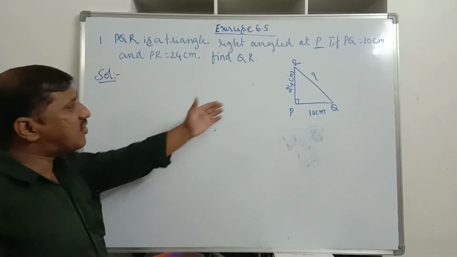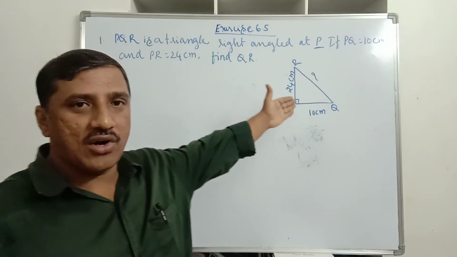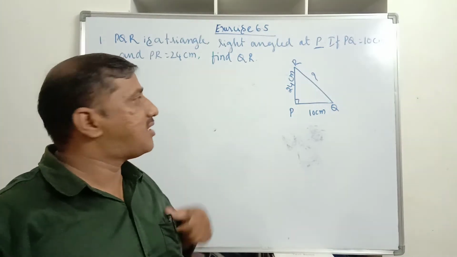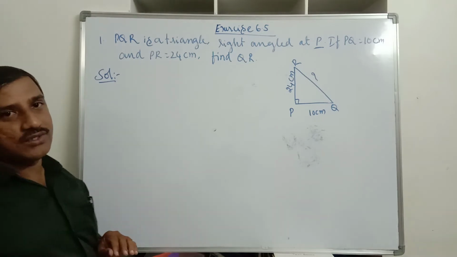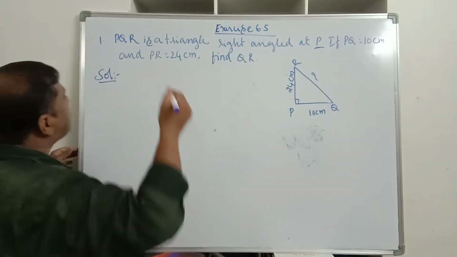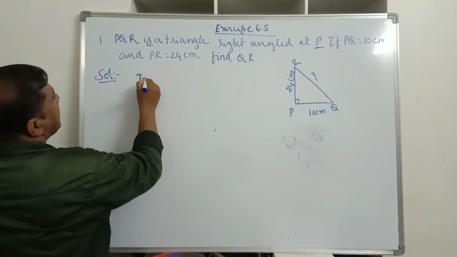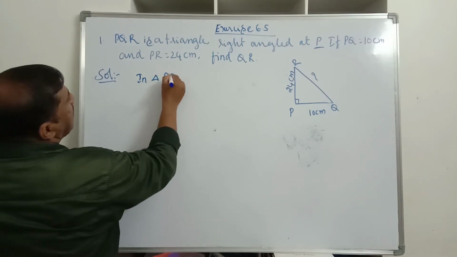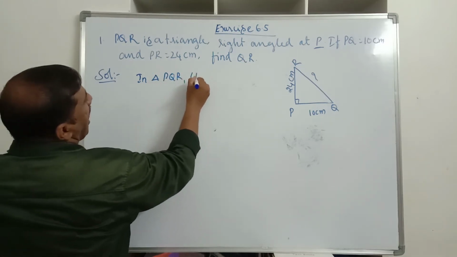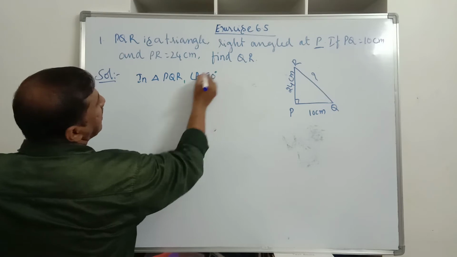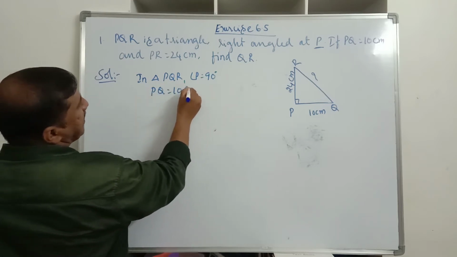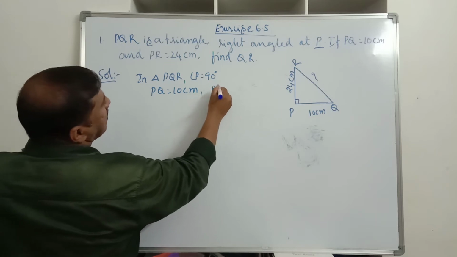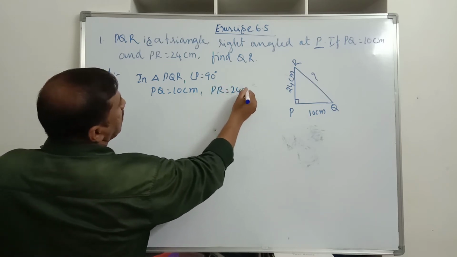So QR is equal to what? Here QR is the hypotenuse. Square of the hypotenuse is equal to the sum of the squares of the other two sides, using the Pythagoras theorem. So in triangle PQR, angle P is equal to 90 degrees, PQ is equal to 10 centimeters, PR is equal to 24 centimeters.